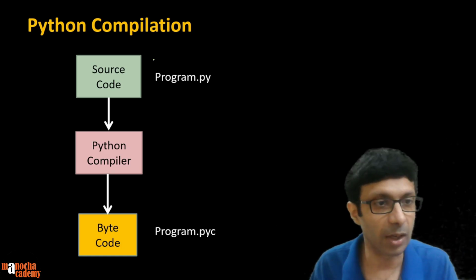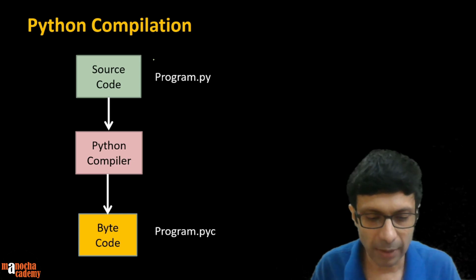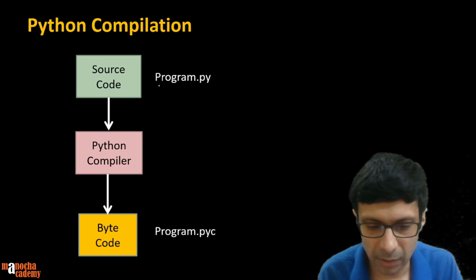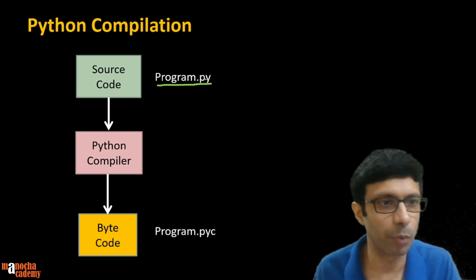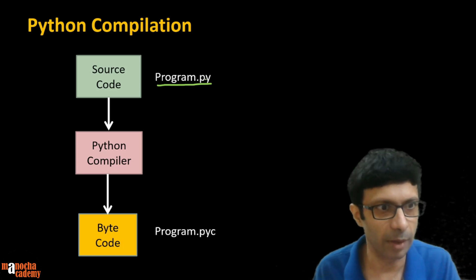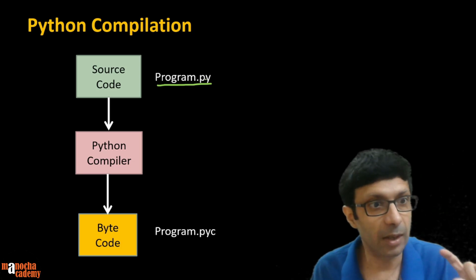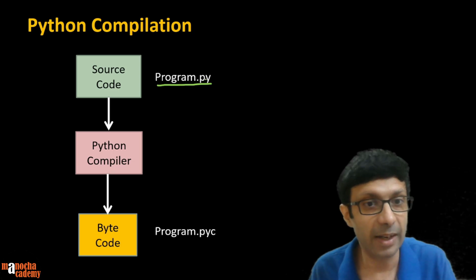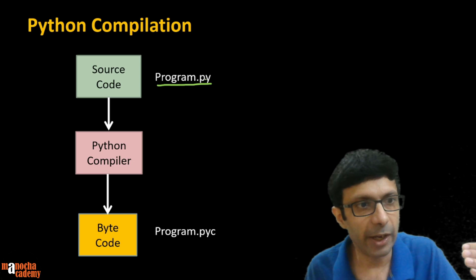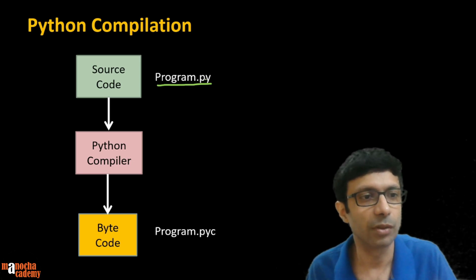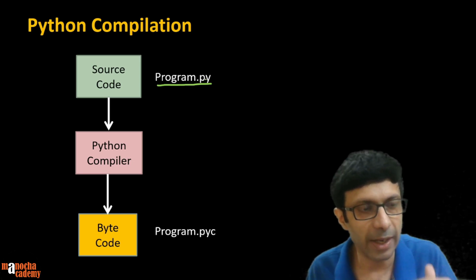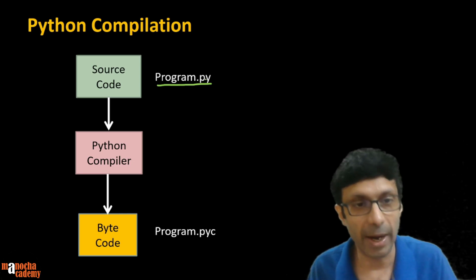So what is the magic? How is it doing it? So in Python, the source code, again, is your program that you have written, program.py. Okay. Now the Python compiler, please see here, it does not convert it completely into machine code. It converts it into an intermediate language, right? Into something in the middle, intermediate language called bytecode.